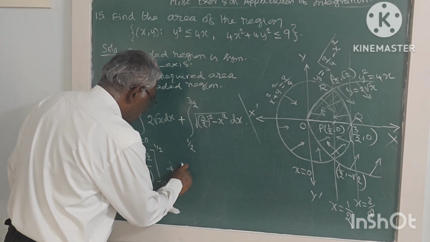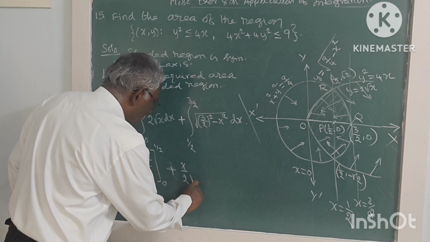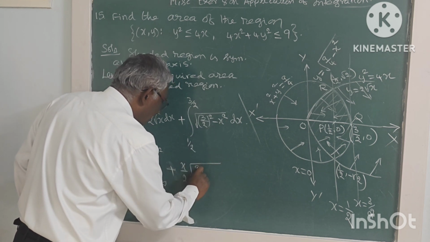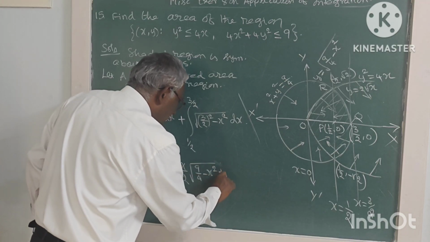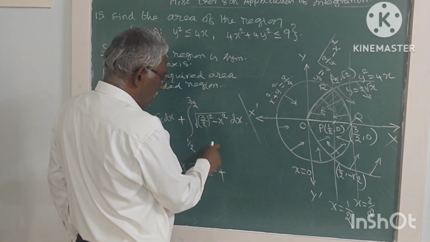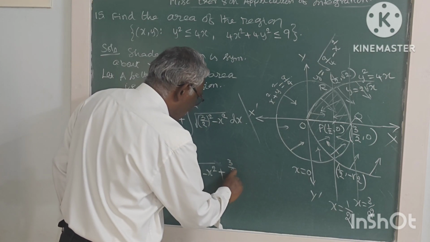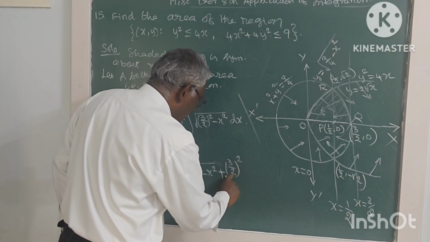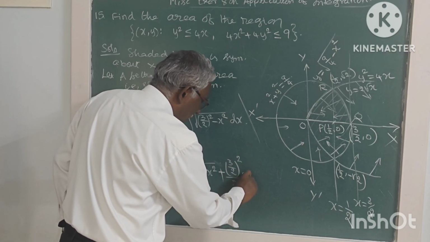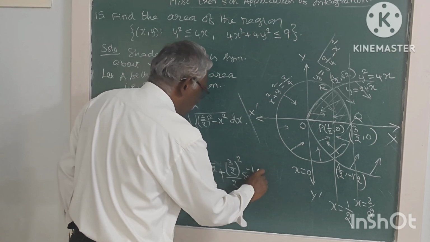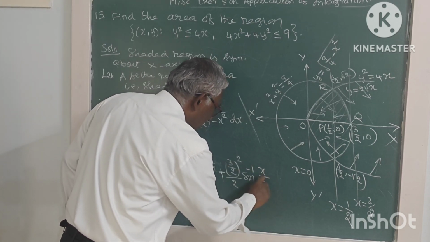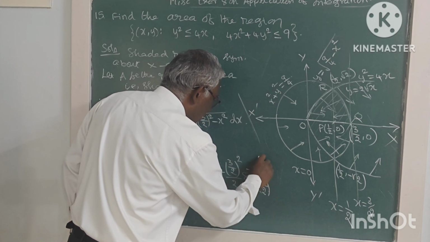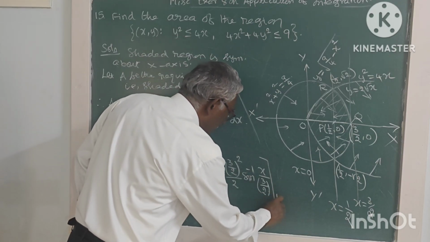So x by 2 square root of a square minus x square plus a square by 2, where a is 3 by 2, so (3 by 2) whole square by 2 sin inverse of x by a, that is x by 3 by 2, with limits half to 3 by 2.